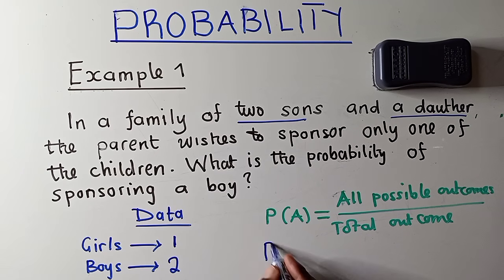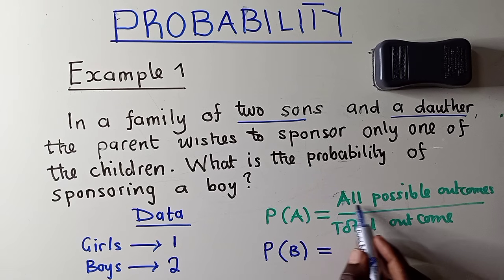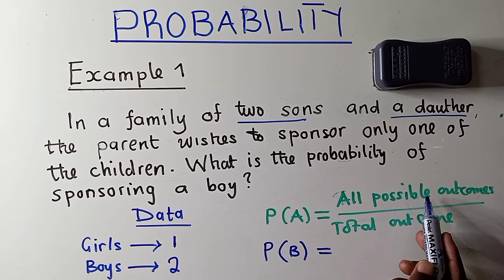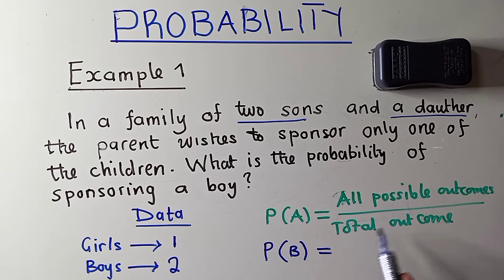So we'll say probability of picking a boy, this is B, a boy, will be equal to all possible outcomes, these are outcomes which are favoring the boy. So what are the outcomes that are favoring the boys? It's just a 2. So we write a 2 over all the total outcomes that are involved right here.